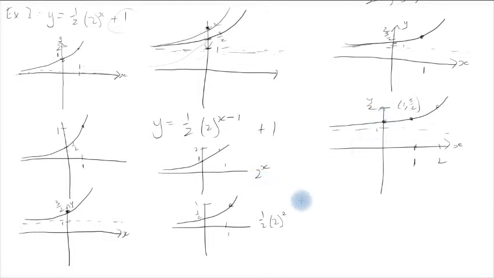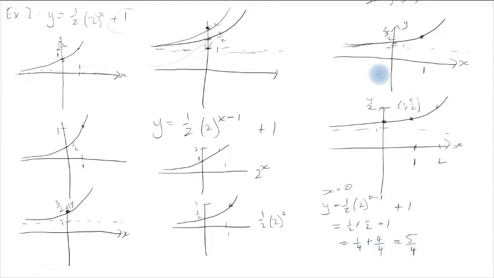So we set x to 0, and so we've got y equals half 2 to the power 0 minus 1 plus 1. So that is half of 2 to the power minus 1, which is 1 on 2, plus 1. So we've got a quarter plus 1. I'm going to write my 1 as 4 on 4, because now a quarter plus 4 quarters is 5 quarters.